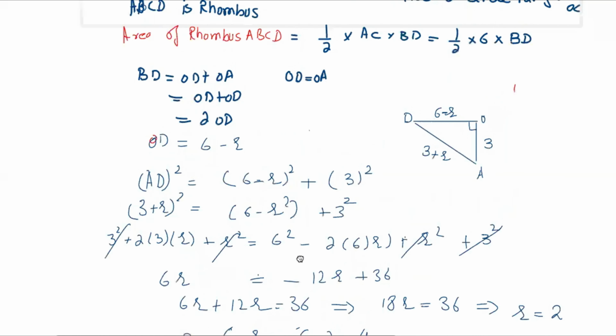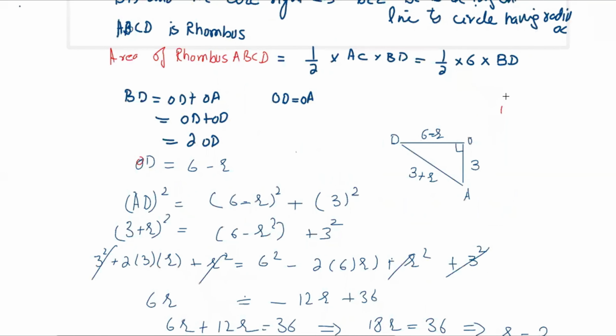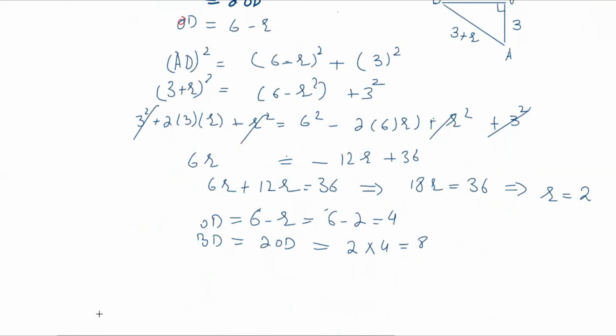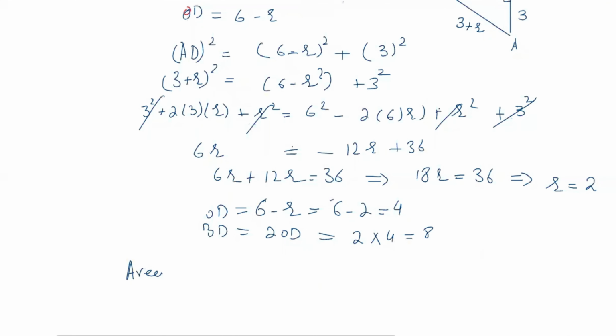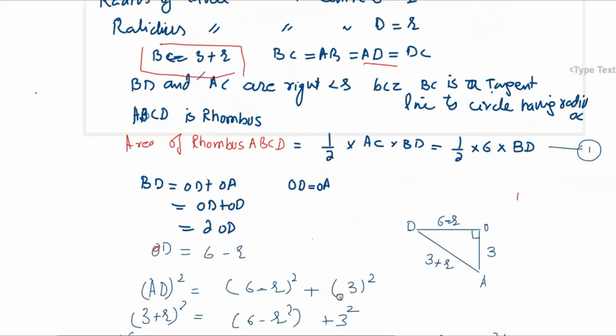Now we substitute the value in this equation. This is the area of the rhombus ABCD. We can write it as area of rhombus ABCD is equal to 1 over 2 times 6 into BD length.